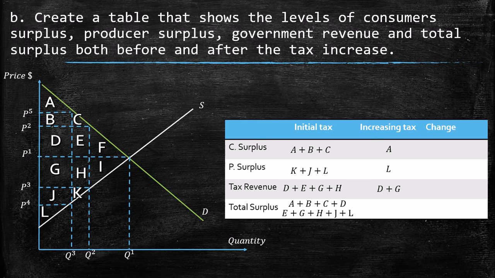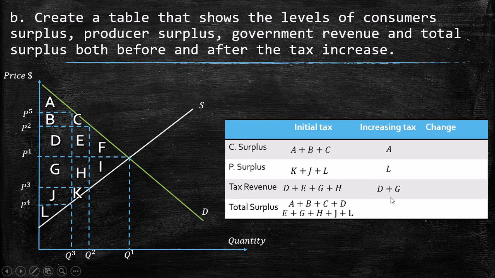The tax revenue is going to be DG. How come? Because it's going to be the T, which is P2 minus P3, times the quantities that are now traded. So in the market, since the tax, there's going to be Q3 instead of Q2. So now the total revenue for the government is going to be DG and BJ.